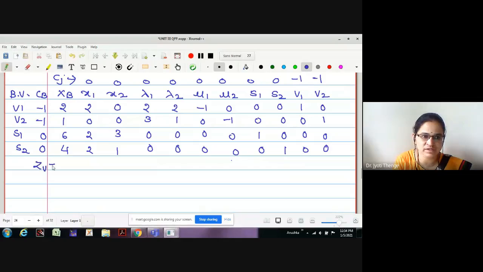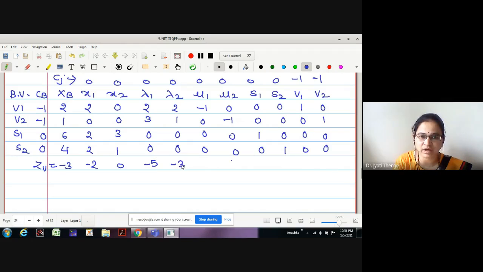What is the value of ZV at this stage? CB times XB: minus 2, minus 1, so minus 3. What are the net evaluations now? As all Cj entries are 0, the net evaluation of x1 is CB times the column, multiplying by the first two elements of the column: minus 2, minus 3, minus 5.